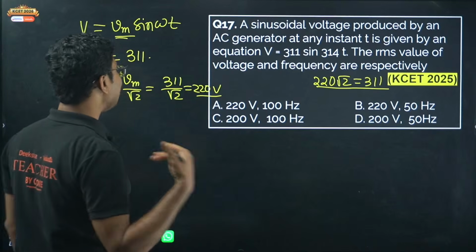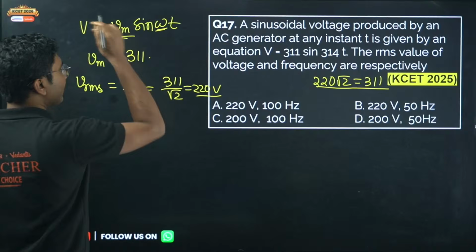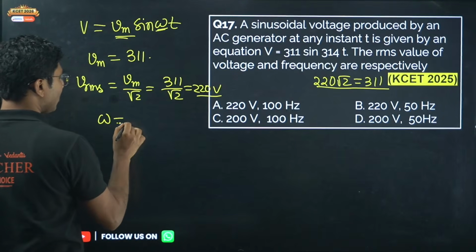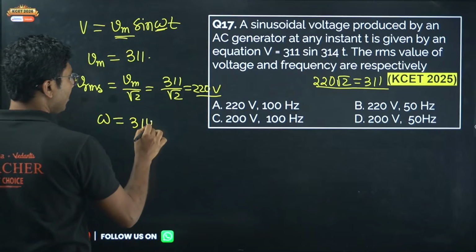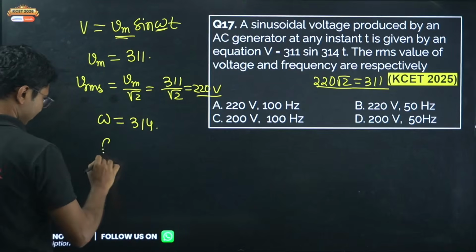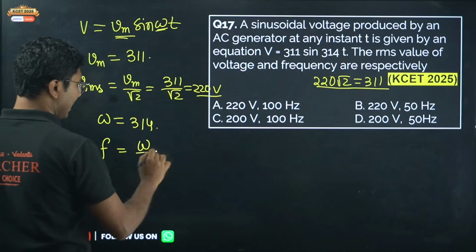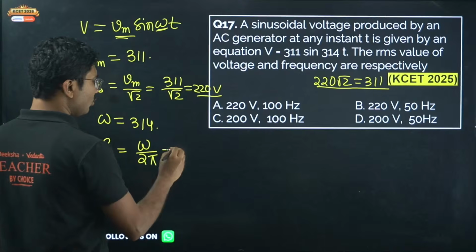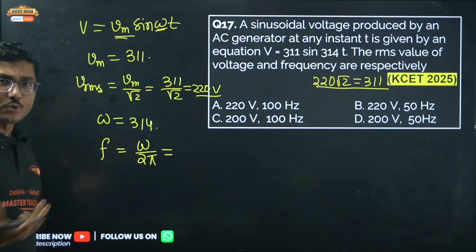Now what about the frequency? Frequency can be calculated from this omega. In this particular question, omega is given as 314, right? And frequency is given by omega divided by 2 pi, since omega is equal to 2 pi f.